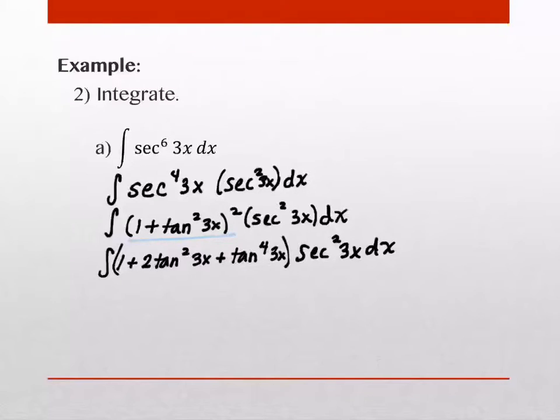It looks and feels ugly, but it's about to change and become very clean very quickly. The whole point in turning them into tangents is that I can use U substitution. That's the goal. Okay? So with U substitution, what I want is my U to be the tangent of 3x. So what's the derivative of tangent?